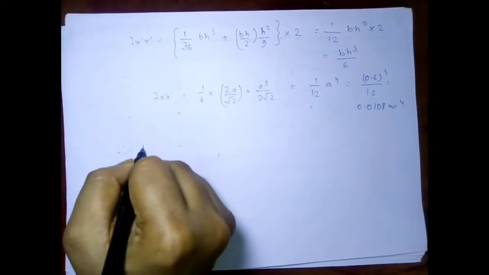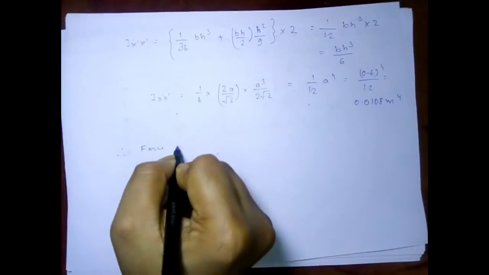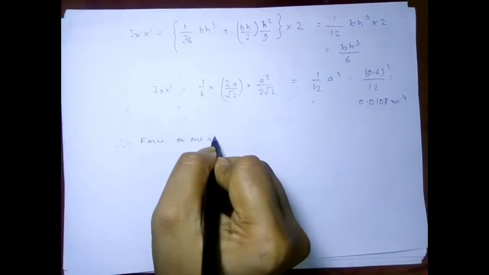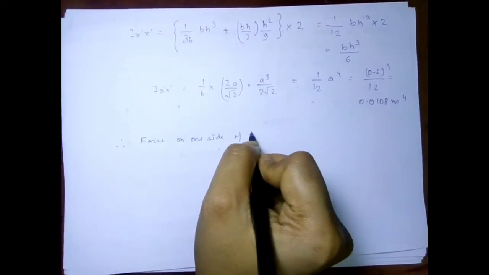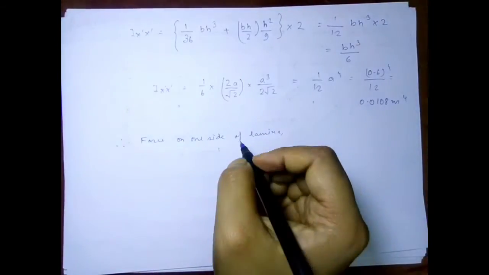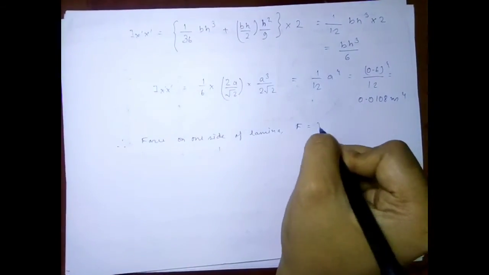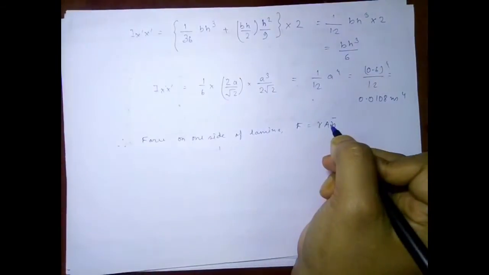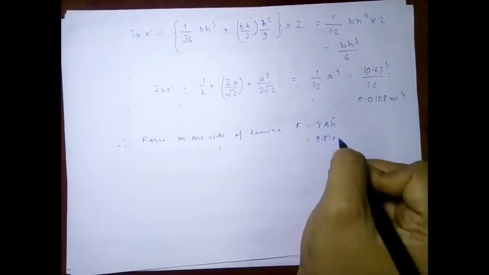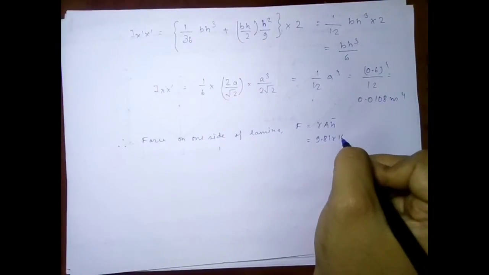So therefore force on one side of lamina will be equal to F is equal to gamma A H bar, and that is equal to 9.81 times 1000.